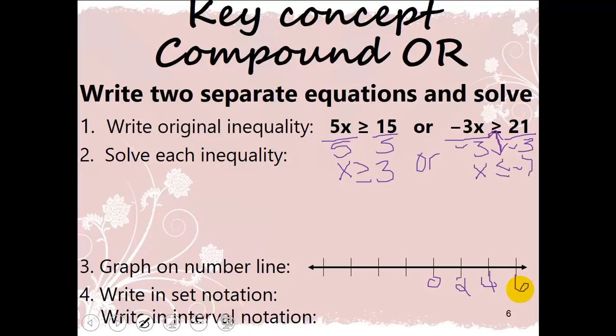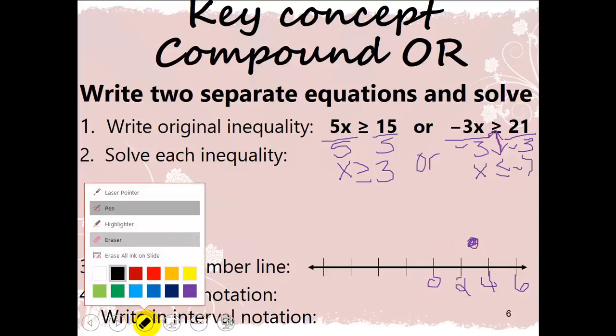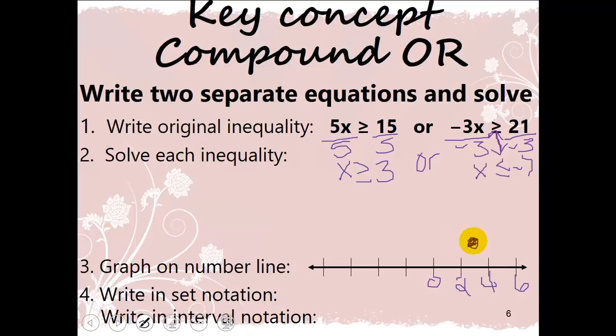That's going to be right between 2 and 4, closed, and then off to the right. Less than or equal to negative 7: negative 2, negative 4, negative 6, negative 8. So here we are, and this one is closed, filled in, and then off to the right, sorry, off to the left.